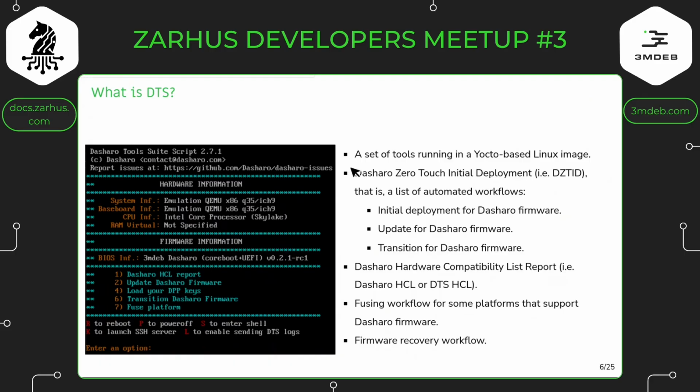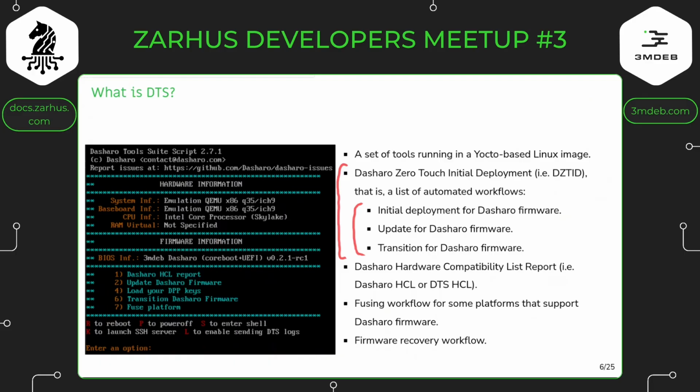The main idea of the Dasharo Tools Suite from the client point of view is Dasharo zero-touch initial deployment that consists of a list of automated workflows. Here are the workflows: initial deployment, update, and transition for Dasharo firmware.